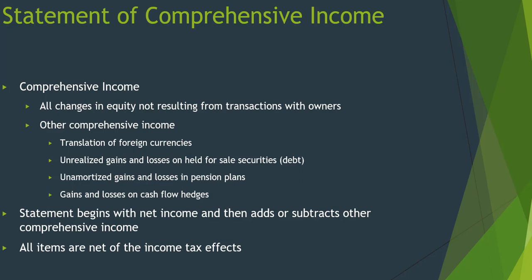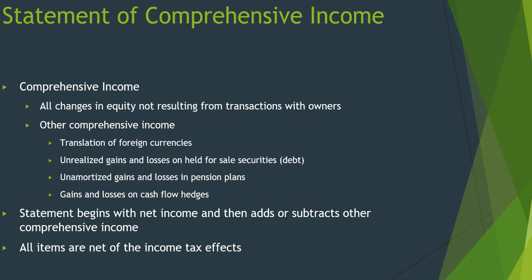There's actually a longer list in your codification on comprehensive income, about 11 or 12, but these are the 4 that will happen most often. The one that we will see is the unrealized gains and losses on held for sale securities, at least debt securities. That's the example we will be using, but all of those could happen and you will see them.